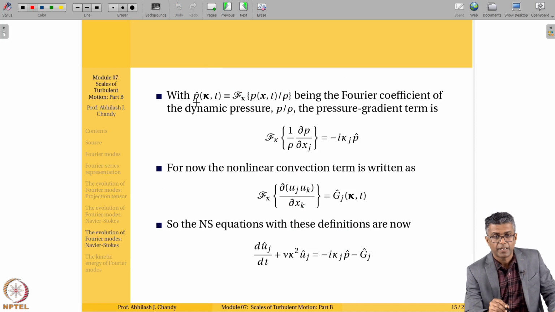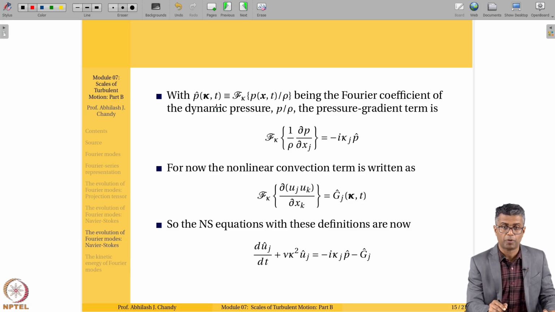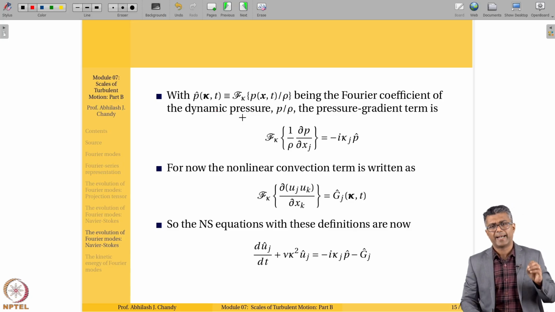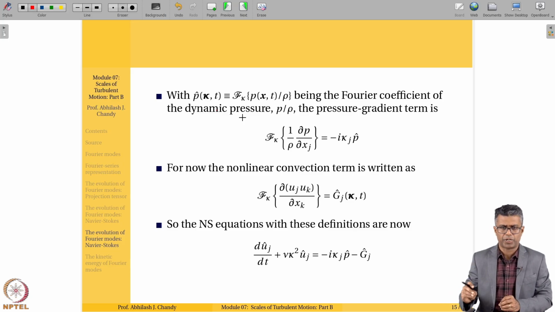If you have the pressure, the Fourier mode of the pressure, p hat of kappa comma t being equal to, and let's just normalize everything, okay? And let's use the dynamic pressure rather than the static pressure. So instead of taking p, we will take p over rho, just to make matters simple in terms of notation.